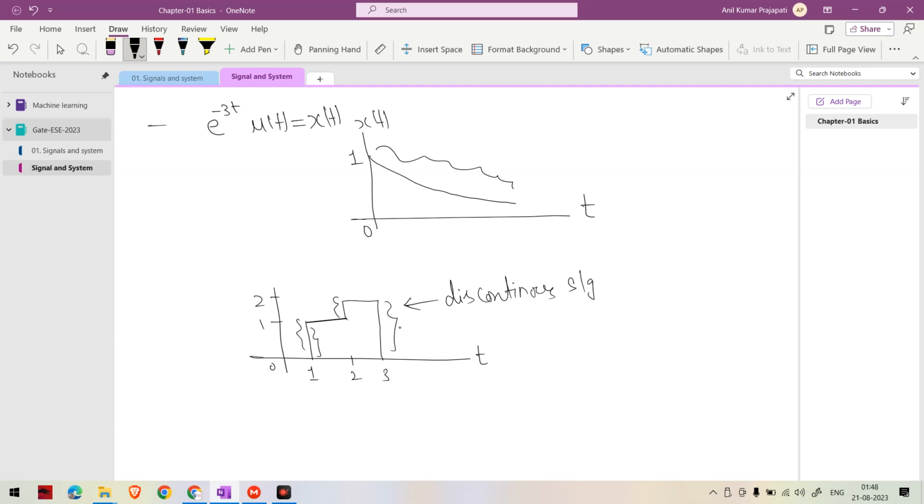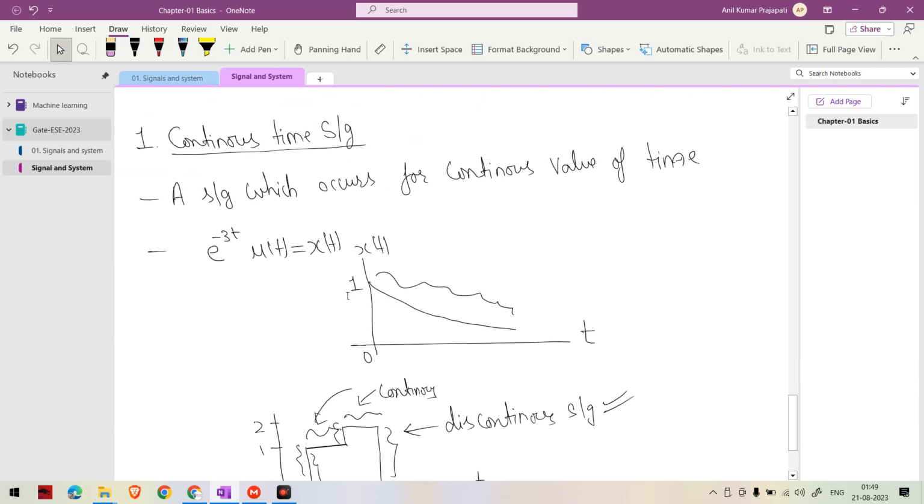So this is a discontinuous signal. Between 1 and 2 it is continuous, and between 2 and 3 it is continuous, but overall this signal is discontinuous, or you can say a piecewise continuous signal.